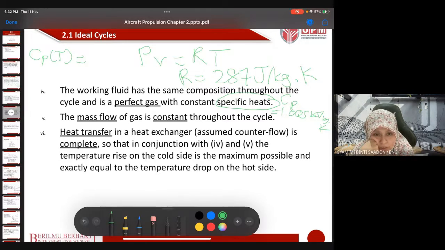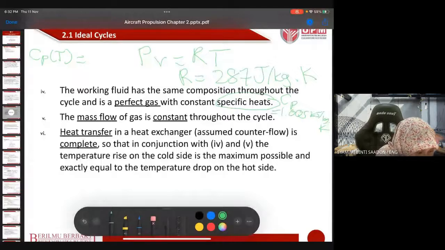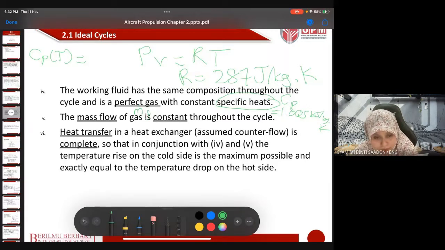But here we assume that the mass flow is constant because the mass of the fuel added is very, very small. Usually the mass flow rate of the fuel, m_f dot, is very small compared to the mass flow rate of the total air working fluid, the air intake.